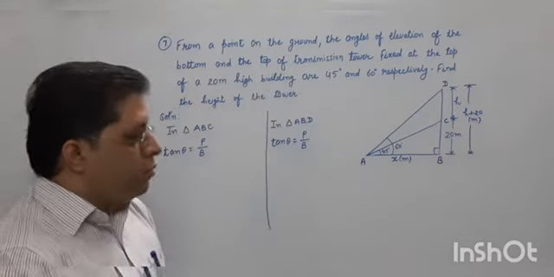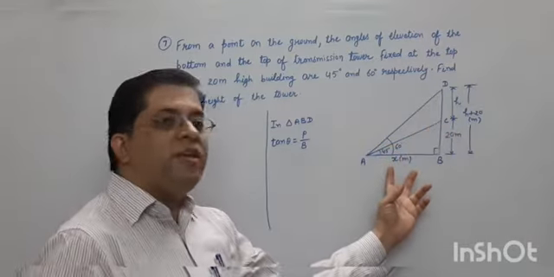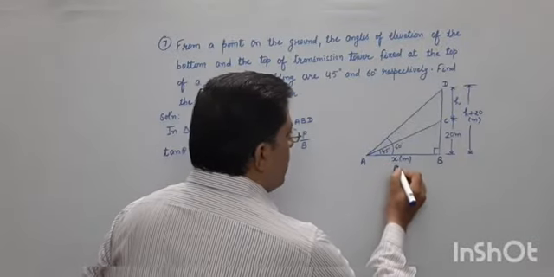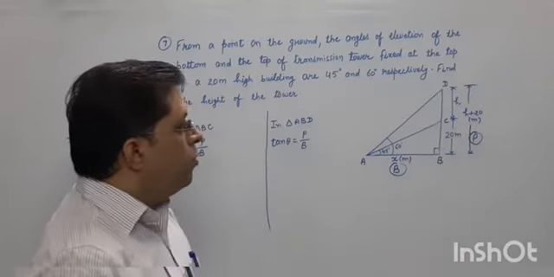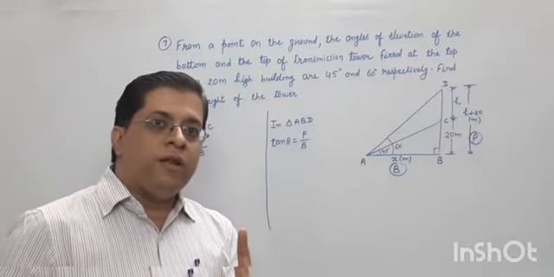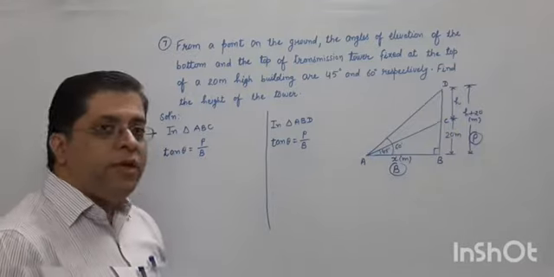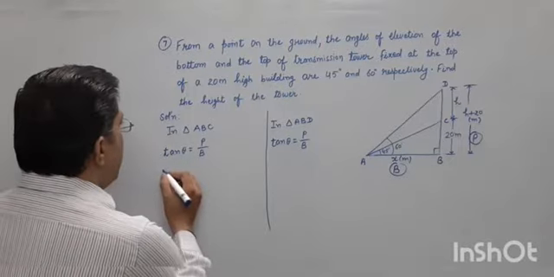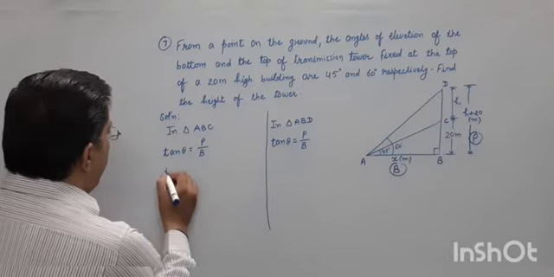Now I am taking two things. This is perpendicular. Let's say base is x. Base is common. This is base B and this is perpendicular P. The relation between perpendicular and base is in which trigonometric ratio? Tan theta. Tan theta is equal to P upon B. In this triangle also tan theta is equal to P upon B. Now in triangle ABC, the angle is 45 degree, clear?